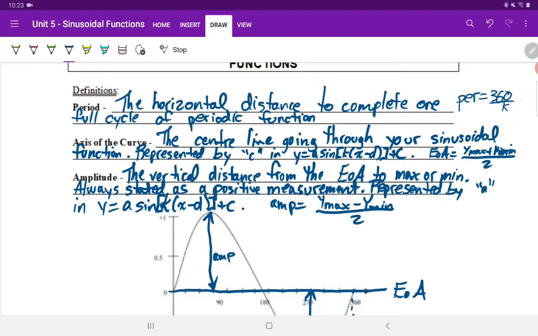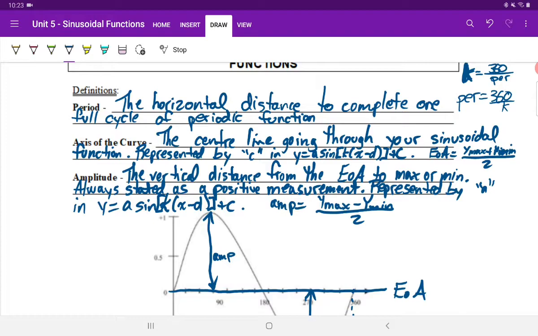And so if I rearrange this formula to isolate for k, it's actually 360 divided by the period. So k equals 360 divided by the period. And that's going to be powerful for us because if we're going to write out the equation, we need to be able to solve for k. And if we have the period, we can do that.